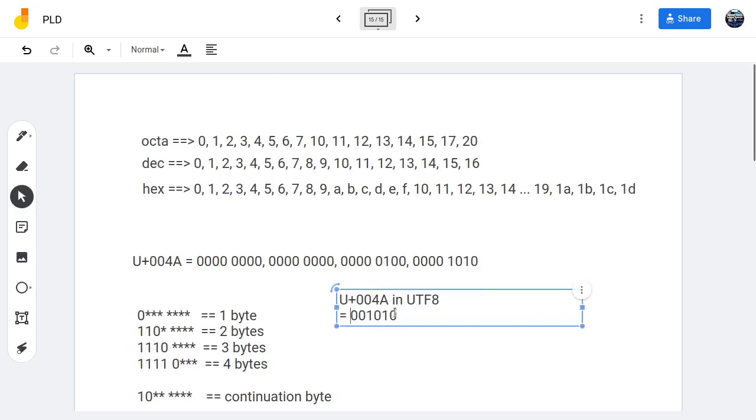Since we already do, we'll treat this as a continuation byte. We will stop taking from here and add this 10 that has to be here. Since this has not gotten to this place, 1 byte cannot contain it, so we cannot treat it as 1 byte. We have to treat it as more than 1 byte. Obviously it will be 2 bytes, so we stop at 6 bits and put this 10, indicating that it's a continuation byte. So 0, 1, right? And then this is a byte of its own.